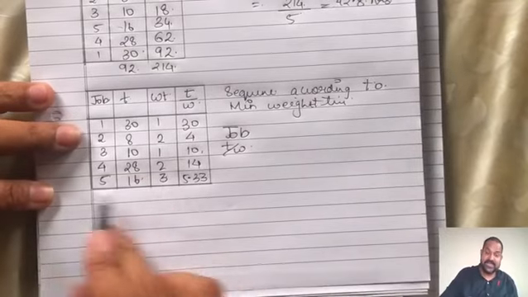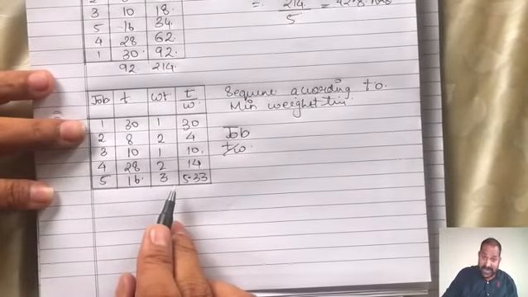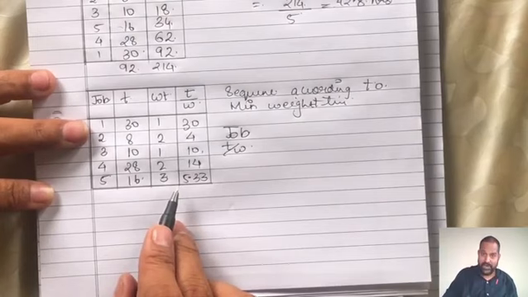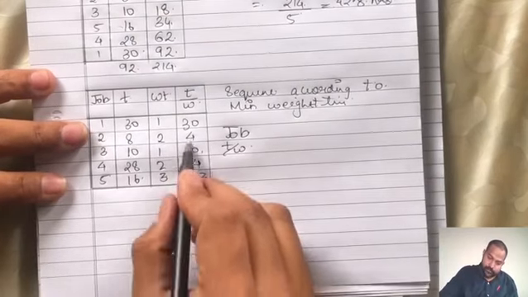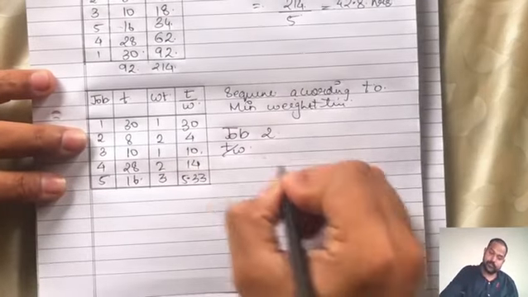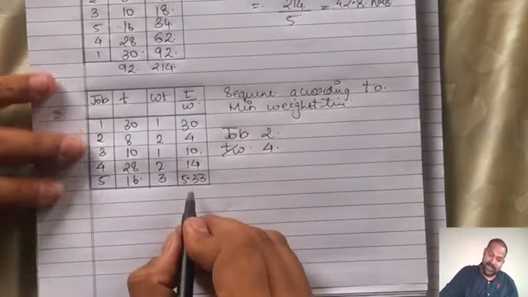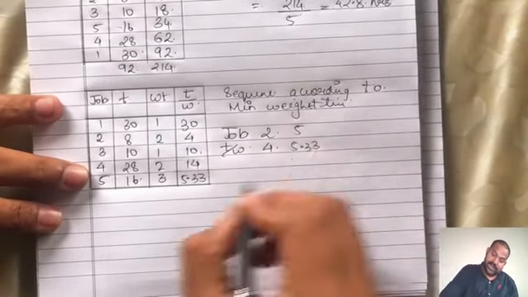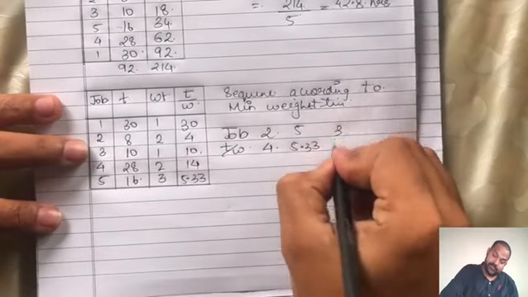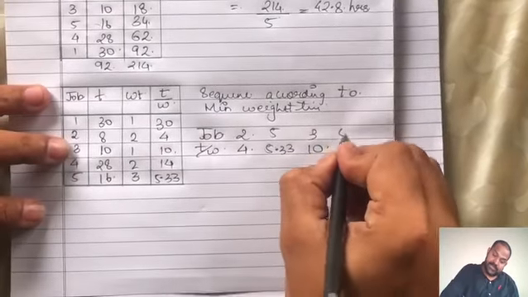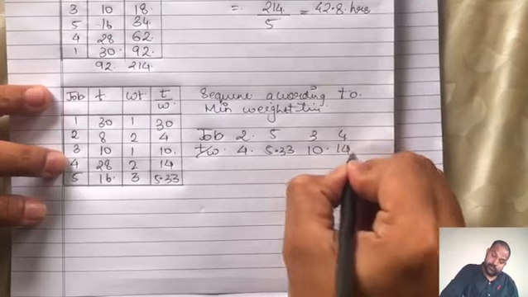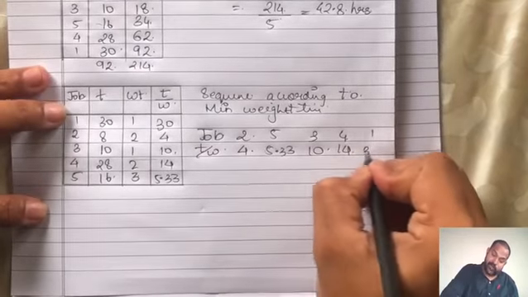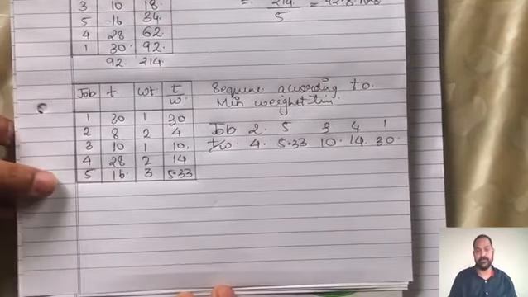What is the least of this? The least weighed time is for job 2. The next least is 5. The next least is 3. The next least is 4. And the next least is 1, which is 30.